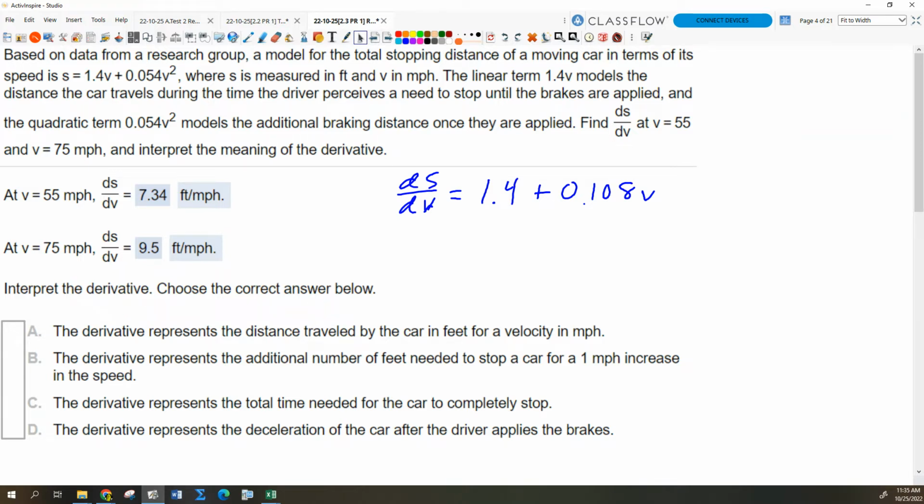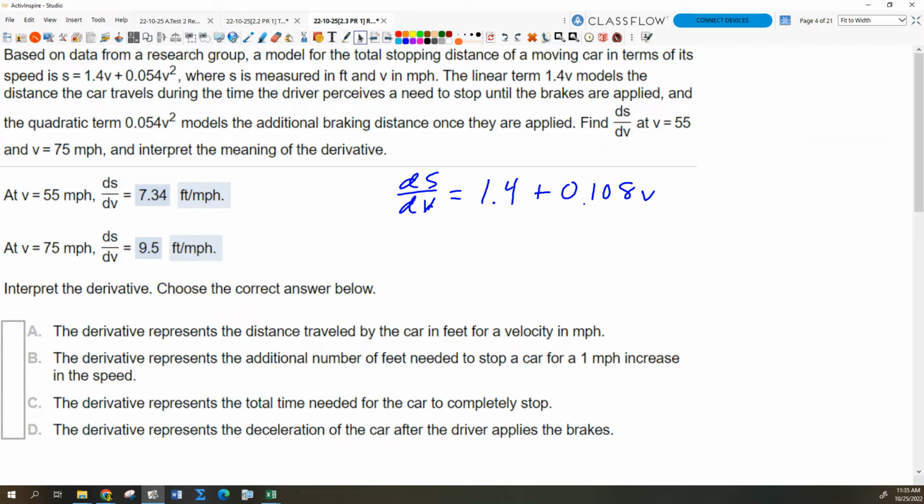Deceleration, you guys aren't in physics, but deceleration just means a negative acceleration. So if we're measuring speed in miles per hour, then acceleration or deceleration would be measured in miles per hour squared. So doesn't fit.